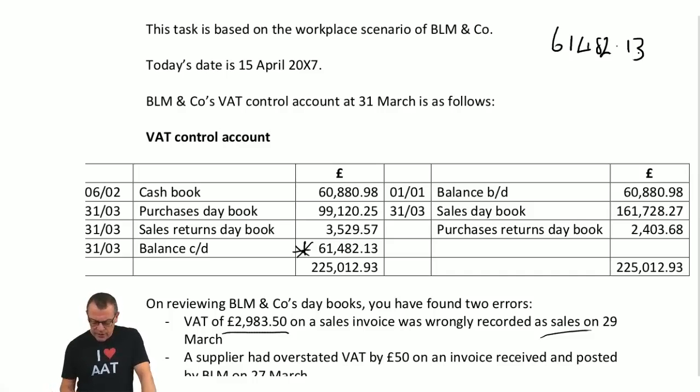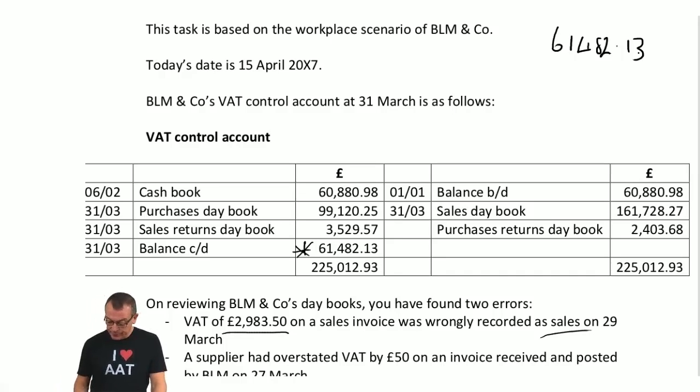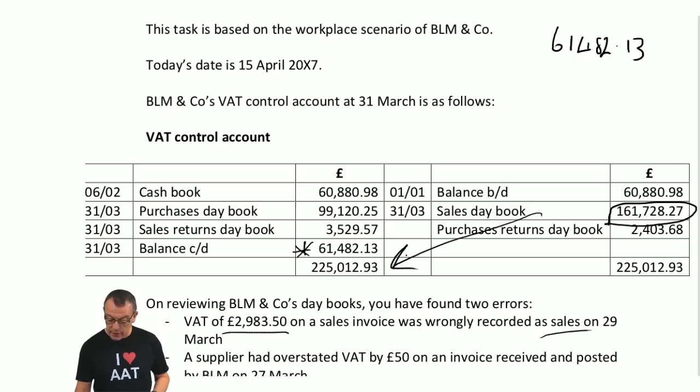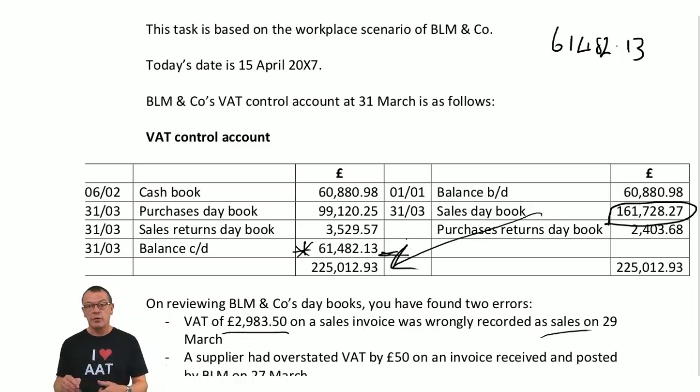Now, there's VAT of 2983, and it should have been in there. If the VAT is in here, then that figure will increase that amount there. So hopefully we can work that out. If that figure has increased, then also this closing balance figure there will also increase.